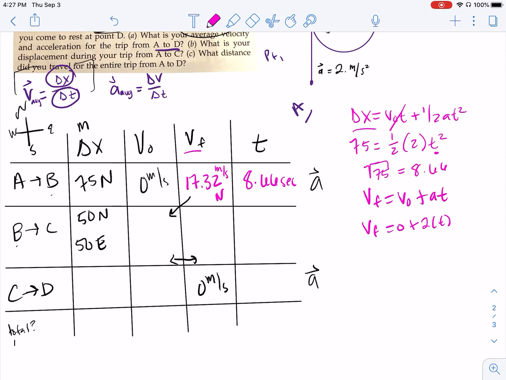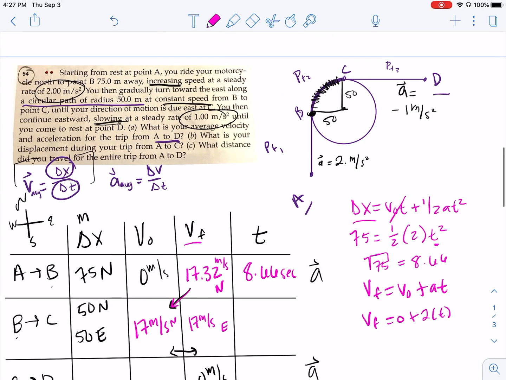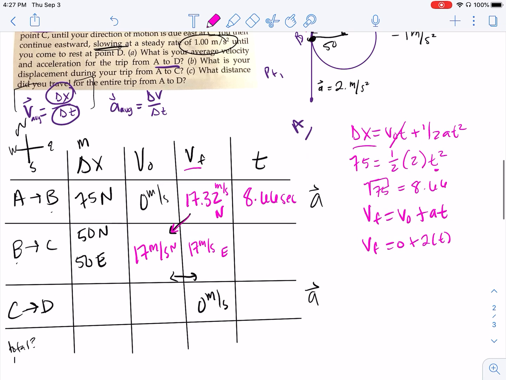Now I can come over, and because that is what I started with for point B, I can say my final is 17 meters per second to the east because I am taking into consideration all of my directions. I know that for part B, I was going north, and then I ended east. So just my beginning and my final there.